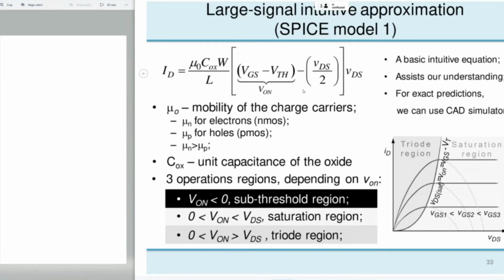So if you want to equate the currents, the lower mobility of the holes will have to be compensated with a larger W over L of the transistors, which means for IC designers that if you design with PMOS transistors, you have to design with bigger transistors. And designing with bigger transistors means that you have more parasitic capacitances and hence slower circuits.